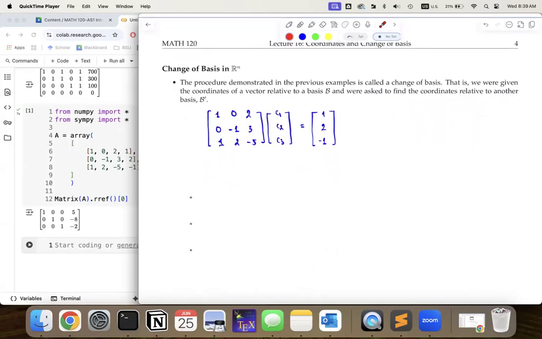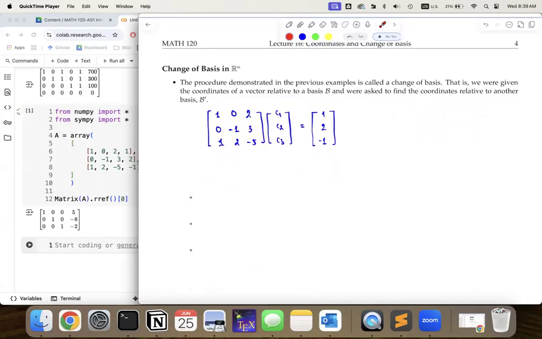When you set up this matrix-vector multiplication, you can take the coefficient matrix, find the inverse, and use the inverse to find the solution for C1, C2, and C3. But this setup is also for the change of basis from one basis to another basis.